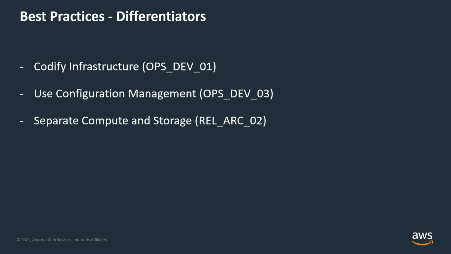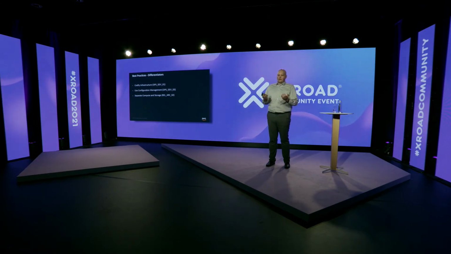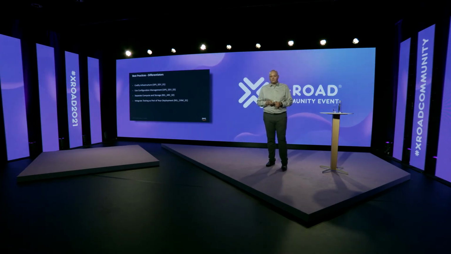And by doing this, you can scale for different kinds of events and workloads. You don't have to scale both at the same time or worry about what happens if my disk space runs out, or if the server that I bought doesn't have the CPU power.